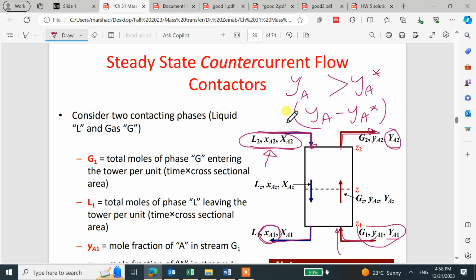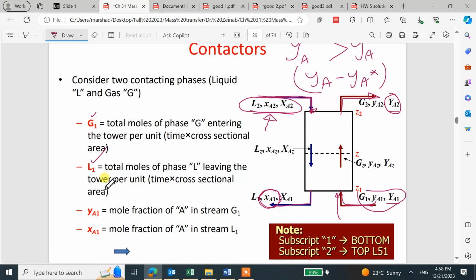Now let's see. G1 is the mole flow rate of gas. L1 is the mole flow rate of the liquid. ya1 is the mole fraction of A in G1. And then ya2 will be in G2, and xa1 in the liquid. Now you can see what happens. At each stage we will have liquid-gas interaction, right?